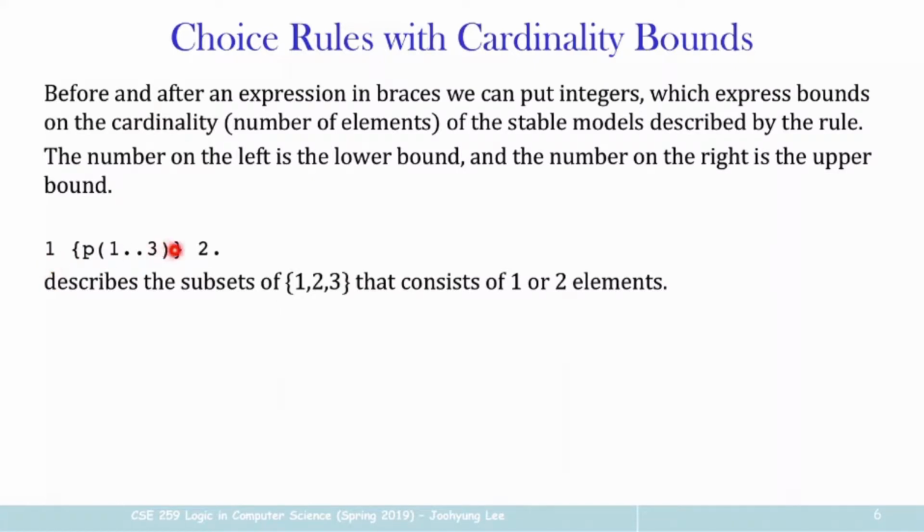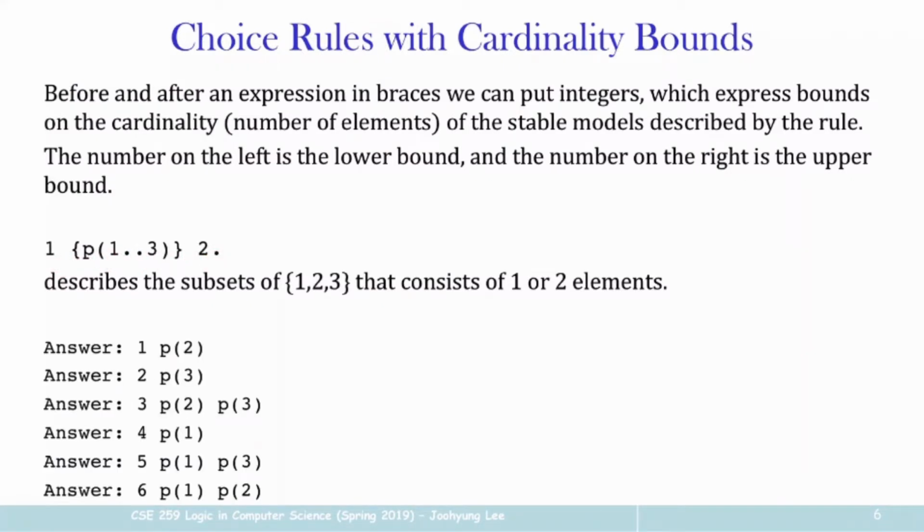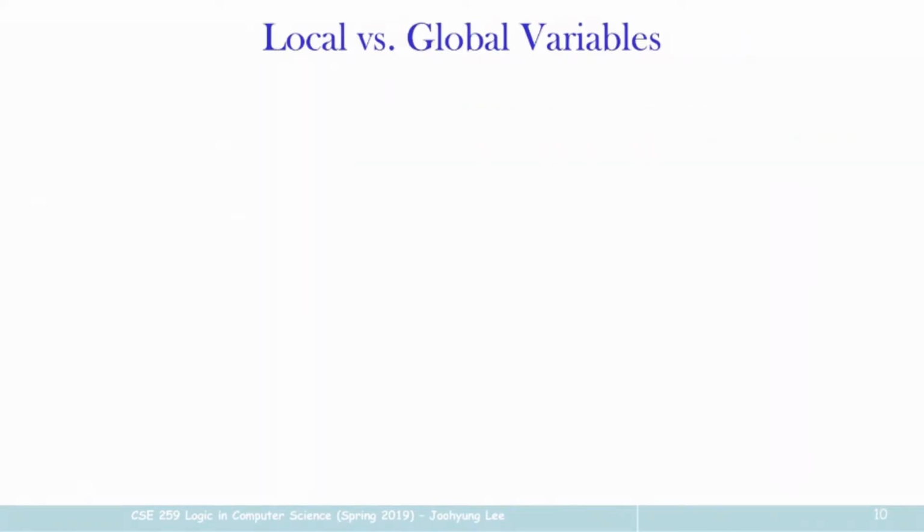So 1 and 2 give the bounds of this set. When you do this, you're choosing a subset of P1, P2, P3, but it should contain at least 1 element and at most 2 elements. So that gives us 6 possible choices, because the empty set does not satisfy the cardinality bound, and the total set does not satisfy the cardinality bound either.